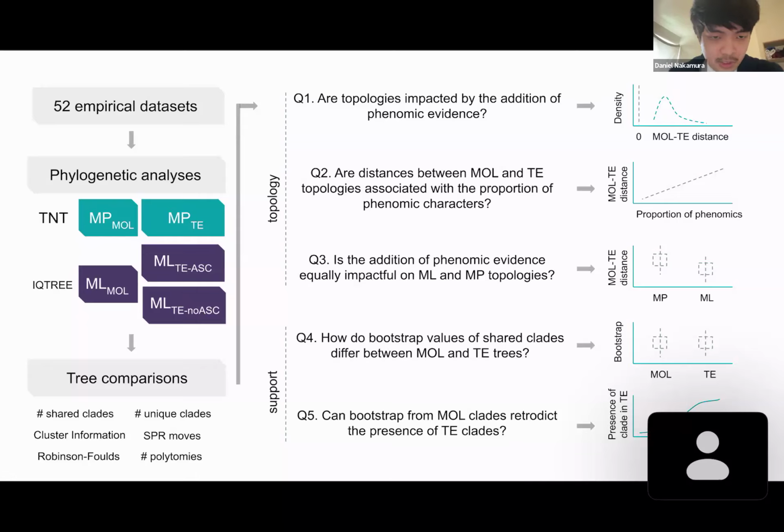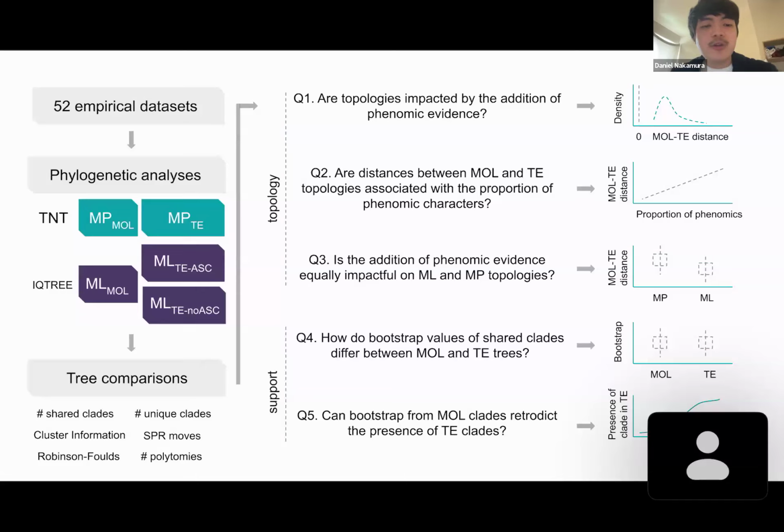This correction is necessary because we usually only sample morphological characters that have variation. People don't usually sample characters without variation, and for molecular sequences, we cannot assess this variation a priori, so we usually sample everything.